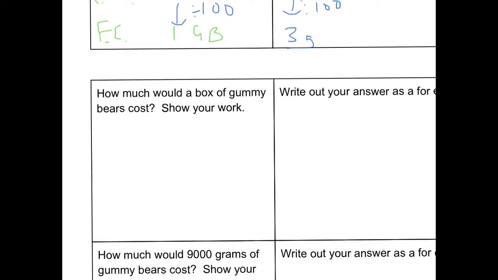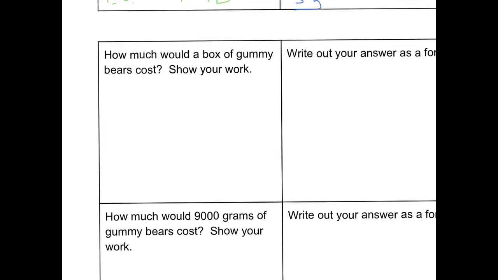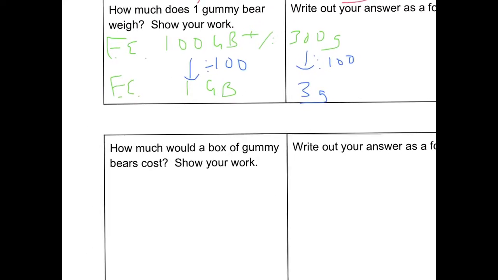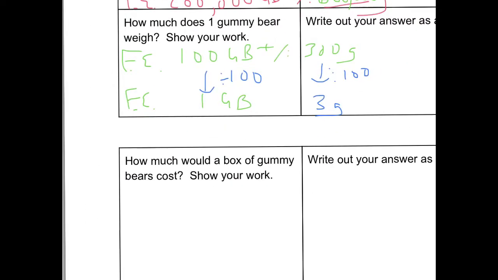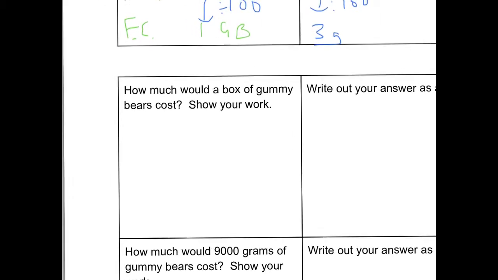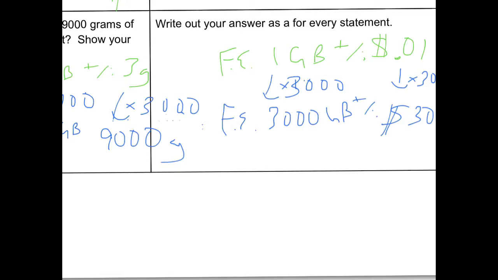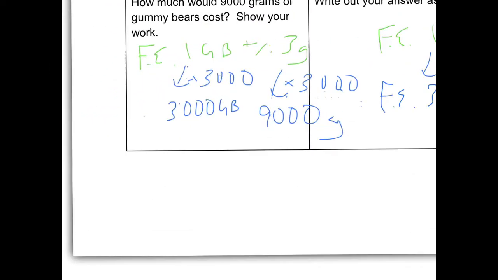And then it says, how much would a box of gummy bears cost? And show our work here. So I'm going to have to go back to the original, to the last page. Okay.